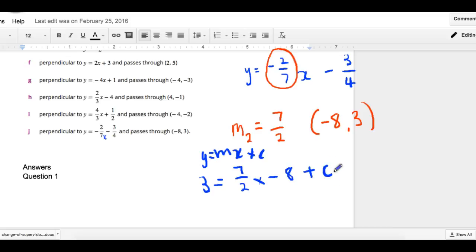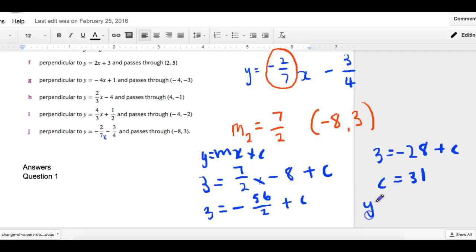Now, if you can't do that, use your calculator, but let's test my ability to do 7 times 8, and so I know it's going to be a negative. 7 times 8 is 56 on 2 plus c. 56 divided by 2 is 28. And to get over that side, we add, so it's going to be c equals 31.